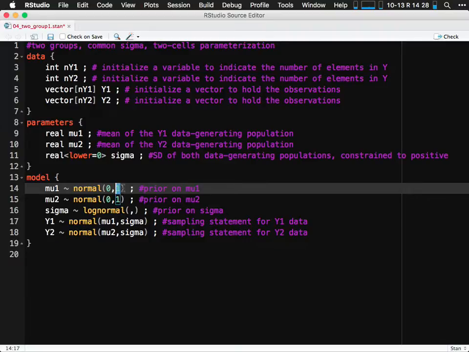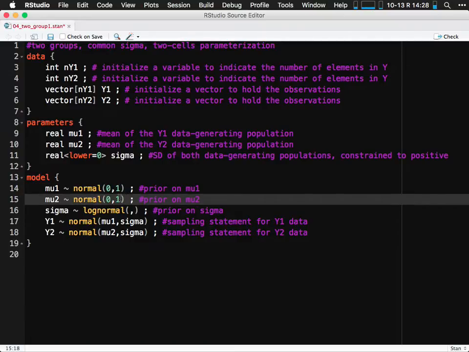You're saying that plus or minus this contains most of the mass. So I'm saying plus or minus 1 effect size unit will capture most of what I will believe, studies within plus or minus 1 Cohen's d unit or whatever.